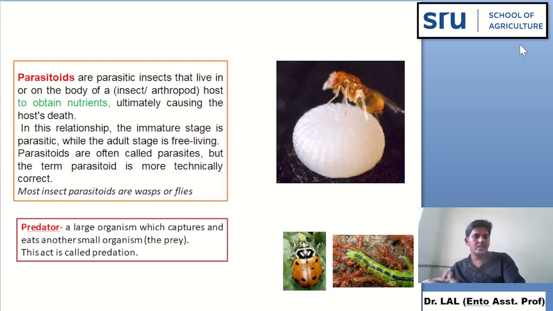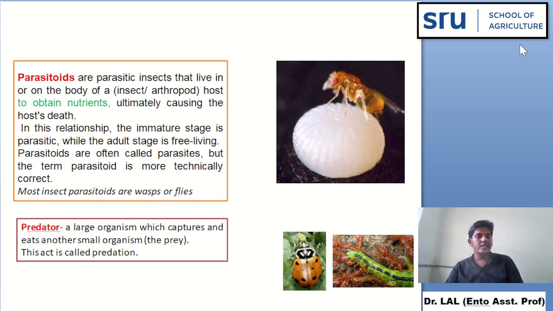Then what are parasitoids? Parasitoids are parasitic insects. These insects live in or on the body of the host to obtain nutrients, but eventually they cause the death of their host.